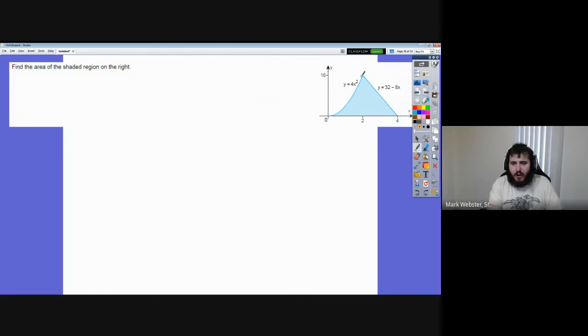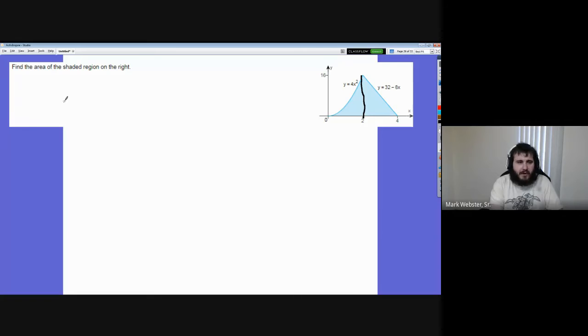Do I want to break this up, or do I want to integrate over y? And again, it's up to you. For doing it via x, well, it's from 0 to 2 of 4x squared plus 2 to 4 of 32 minus 8x.